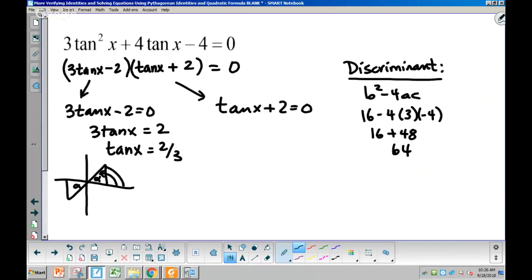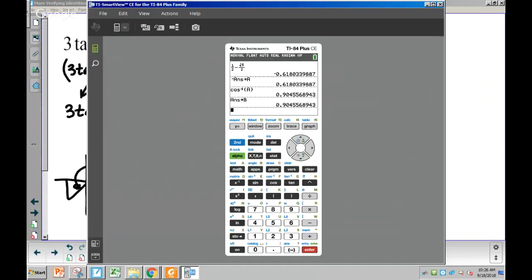So I have an x1 and an x2 situation, and alpha is one I don't know. So we're going to go inverse tangent of 2/3. I don't have to worry about the danger here because, clear this out, that's a positive number. So we can say inverse tangent of 2 divided by 3, and we get a number.